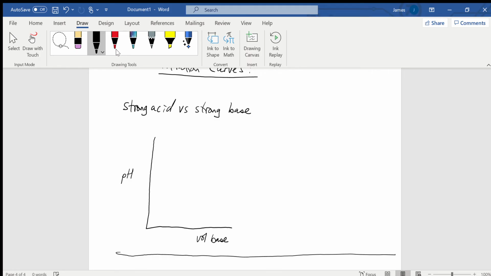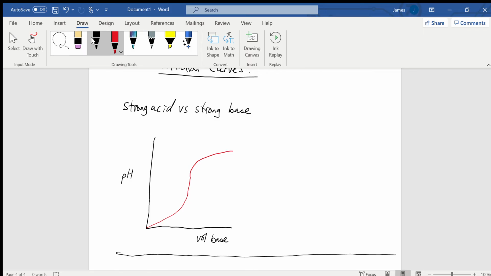So you typically will have the base in the burette. Then your profile will look something like this. So we'll start off with a slope, then it will asymptote, and then it will reach a plateau like that.